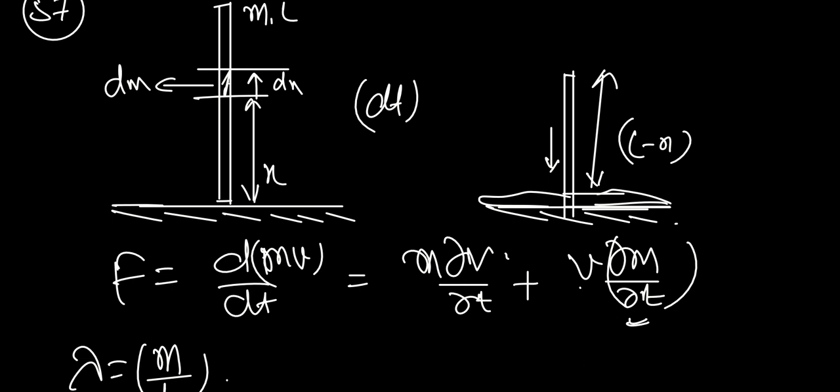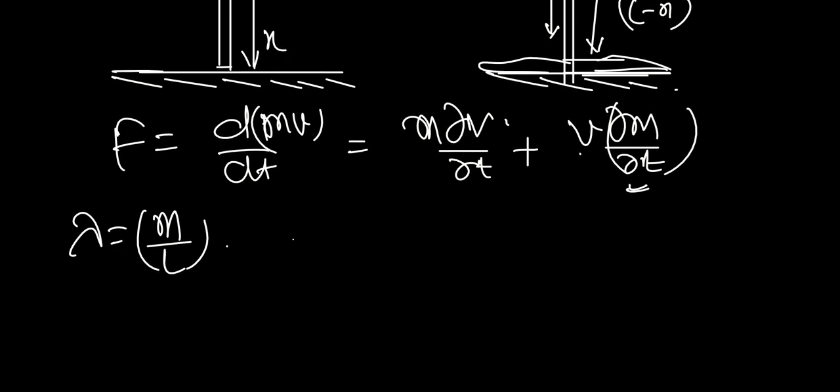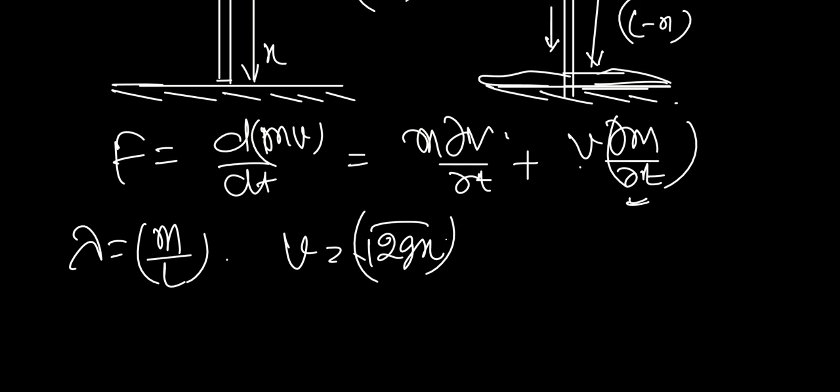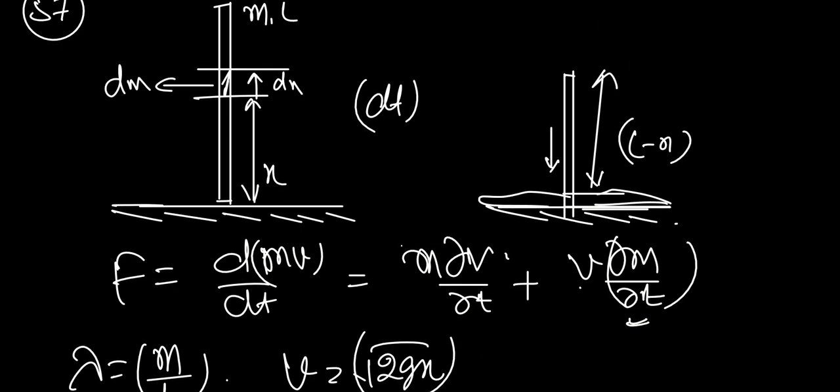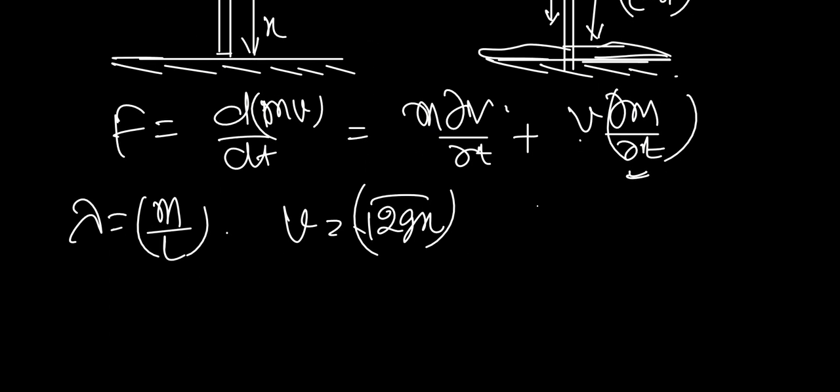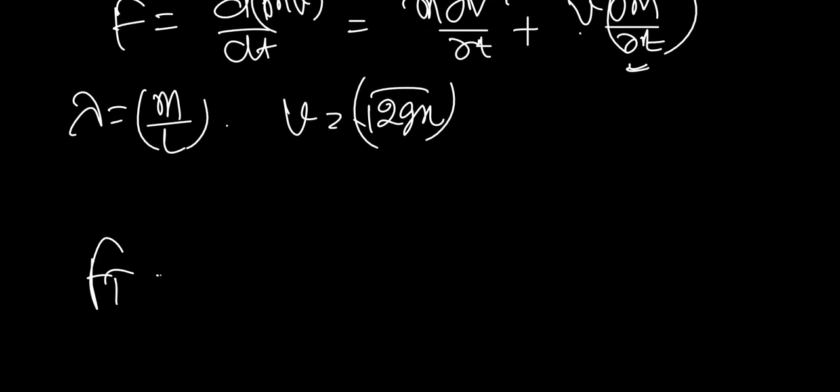So when this mass reaches the floor, it is going to gain a speed of root under 2gx. So this is the speed which this mass is going to gain when it hits the floor. So the thrust force is going to be v into dm by dt.